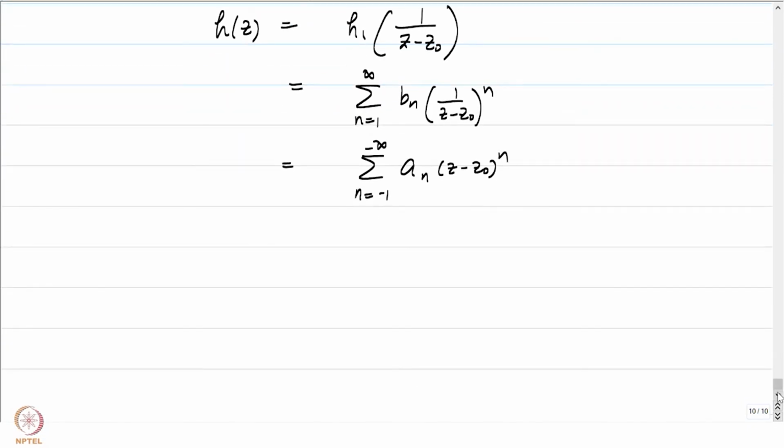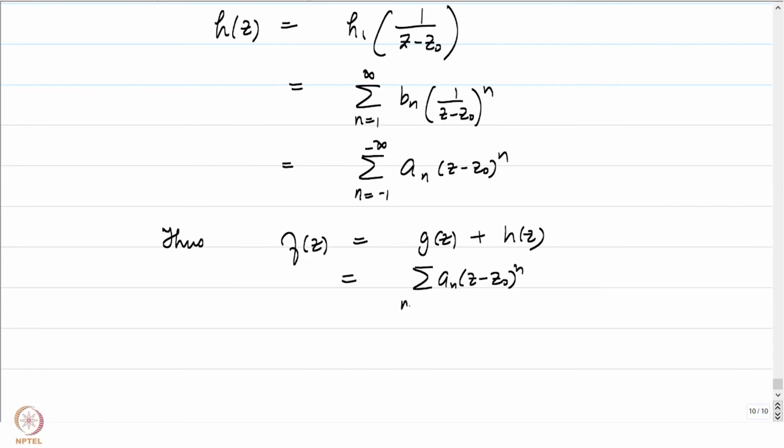And therefore f of z, which is equal to g of z plus h of z, we can write this as summation a n z minus z0 to the power n, where n goes from 0 to infinity, plus summation n from 1 to infinity of a minus n z minus z0 to the power minus n.